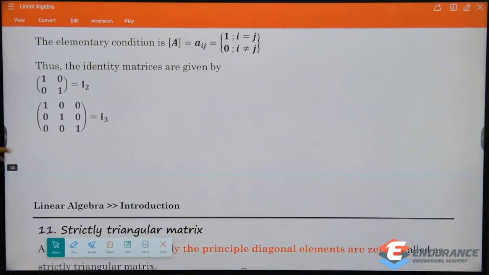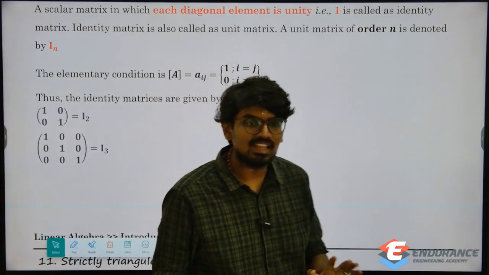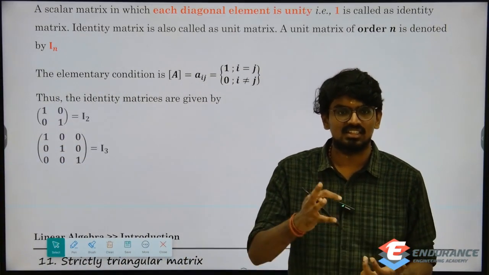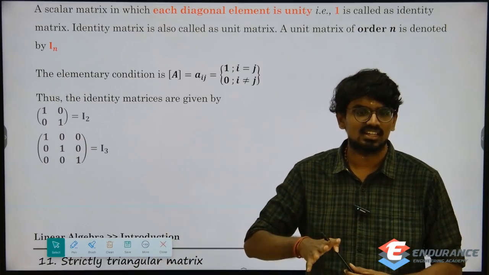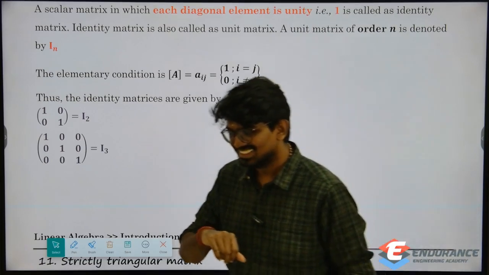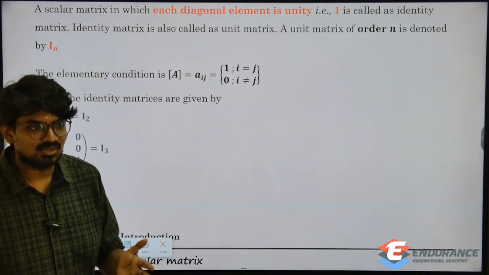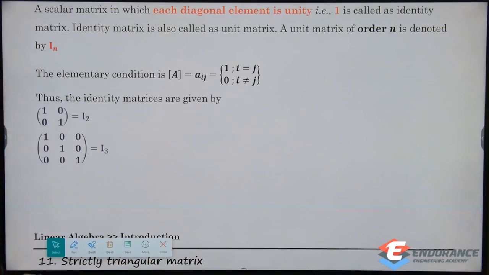Next is strictly triangular matrix. We have 3 types of triangular actually: strictly triangular, upper triangular, and lower triangular. If it is a strictly triangular matrix, see, lower triangular, upper triangular, I hope you have seen. What is that?